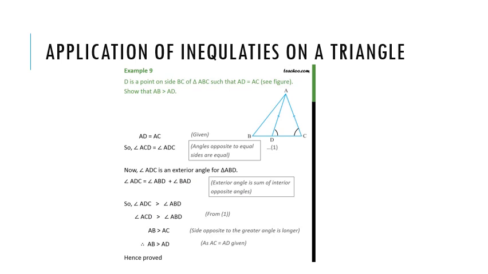Since I have already shown that ACD is greater than ABD and ADC is greater than ABD, obviously the side which will be opposite to that angle will be larger. So AB is greater than AC. Similarly, we can show that AB is greater than AD, as AC and AD we have seen in the first equation are equal to each other. So this proves our statement AB is greater than AD.